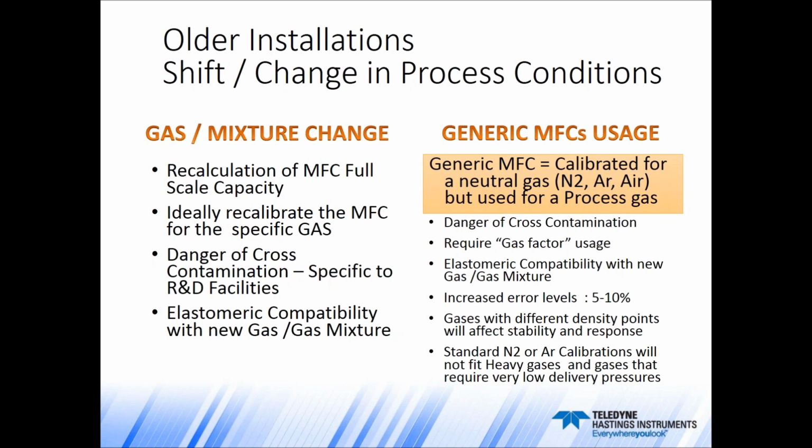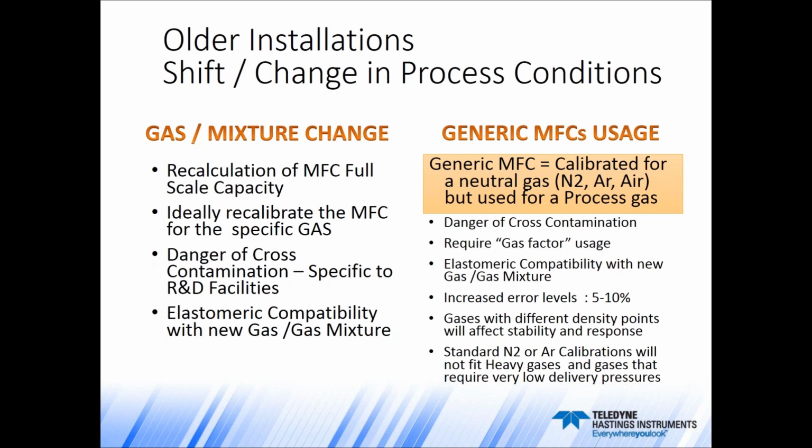The most important part here is the elastomeric compatibility with the new gas. So if you have in your facilities elastomeric sealed mass flow controllers, you have to always verify the moment you change gas or the gas mixture that the new gas is compatible with the type of elastomer that you have installed in that particular flow controller.